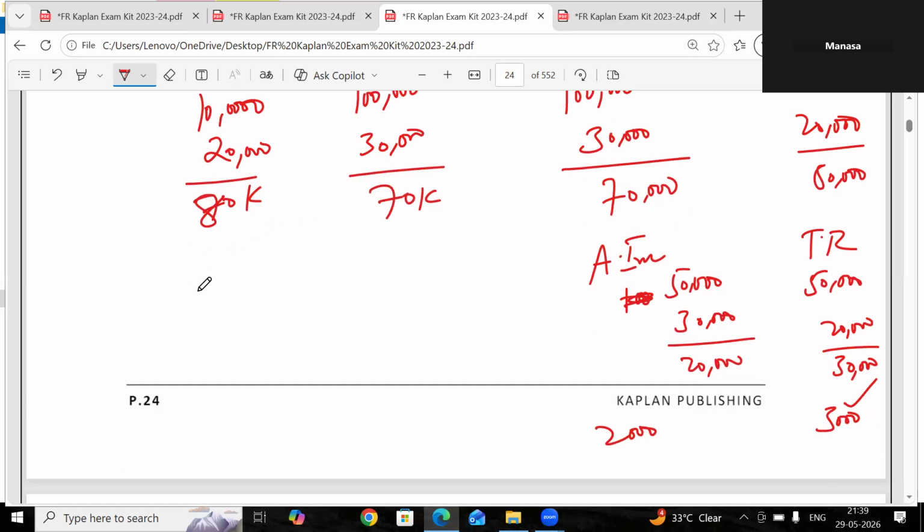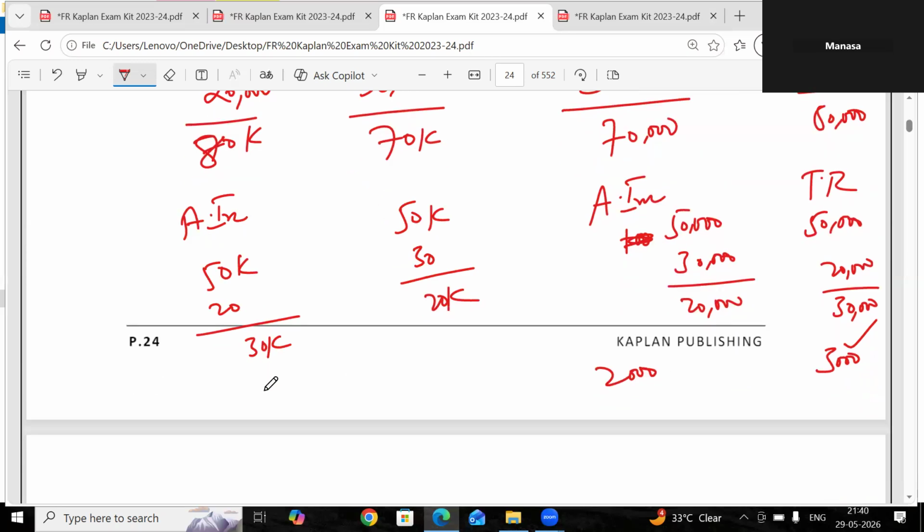So accounting income after depreciation, from 50 minus 20, is 30K, and tax returns 50K minus 30K is 20K. If I made a provision of 3,000 but I'm paying a tax of 2,000, this 1,000 difference is created because here the depreciation is more and here the depreciation is less.